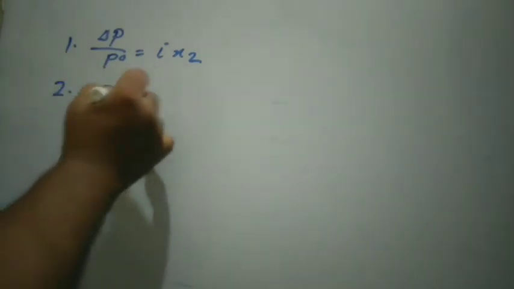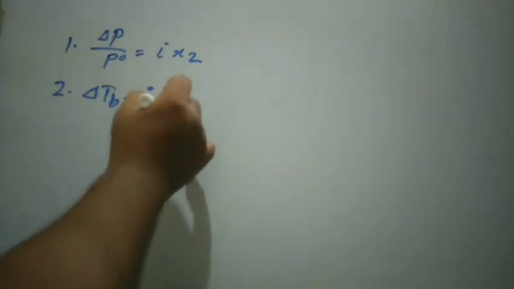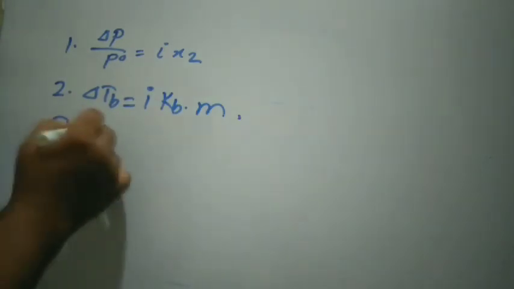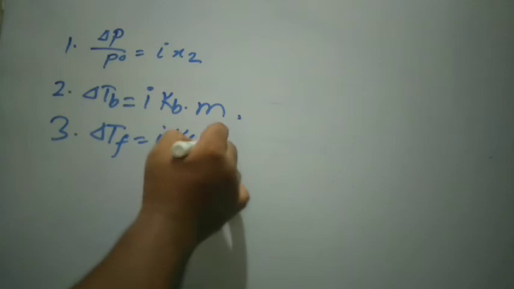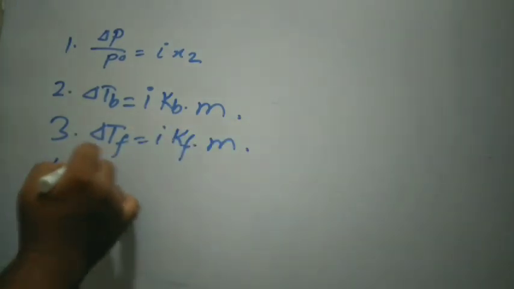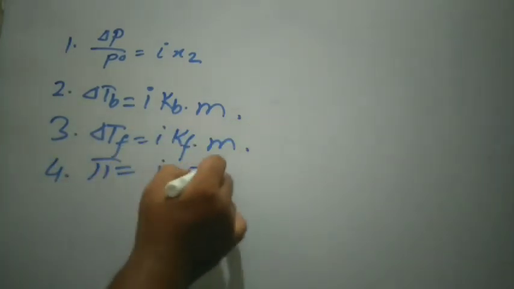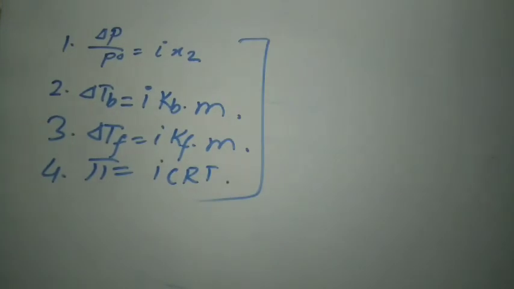This is the first one. Second one is delta Tb equals i Kb into m. Just multiply i. Pi equals CRT, and iCRT will be the new formula. So these new formulas are actually according to the Van't Hoff.